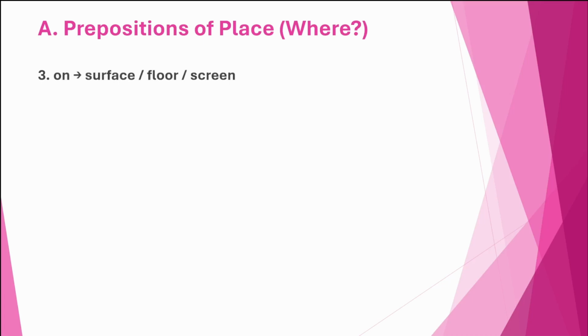And the third one is the preposition on, which is generally used to denote the presence of a thing just at the top of another entity.